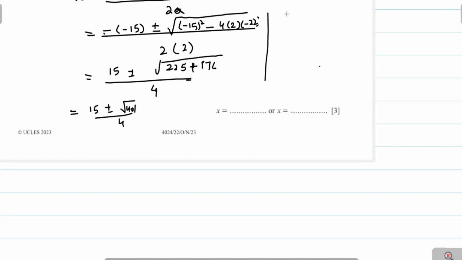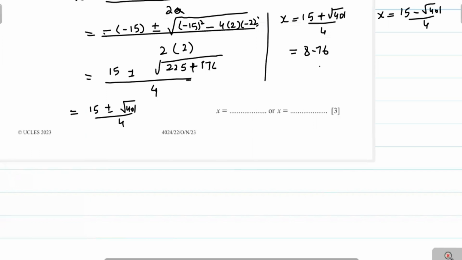And here there will be two values of x. One is x equals 15 plus the square root of 401 divided by 4. And next is x equal to 15 minus the square root of 401 divided by 4. This value will be equal to 8.76.